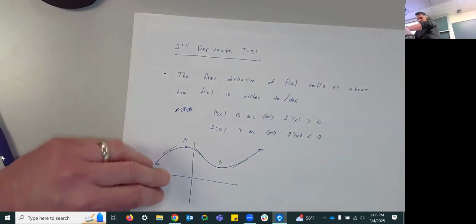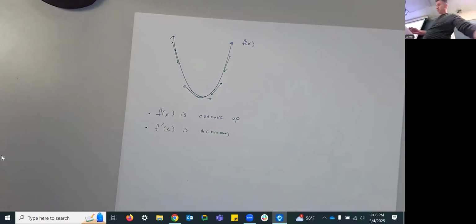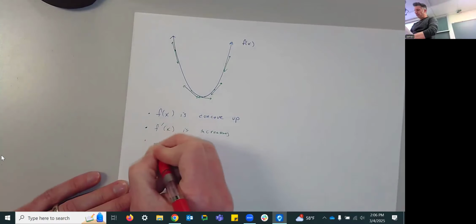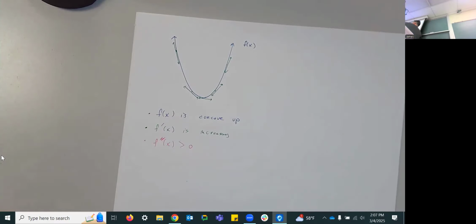So if this function is increasing, its derivative is greater than 0. All three of these statements are equivalent. You could say the second derivative is positive. I could say the function is concave up. You could say the first derivative is increasing, and we would all mean the same thing.